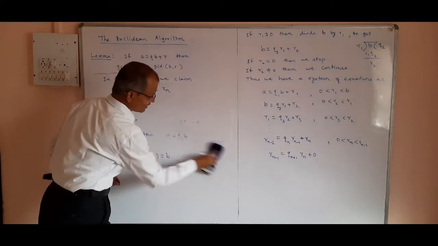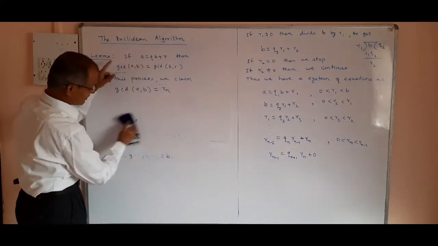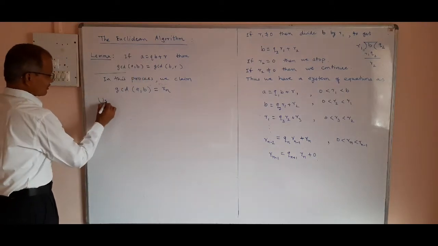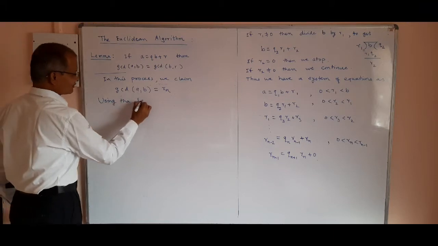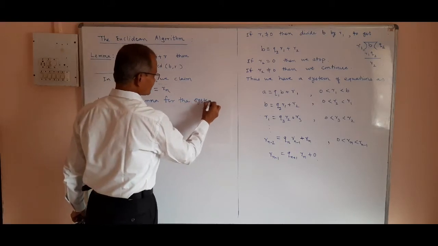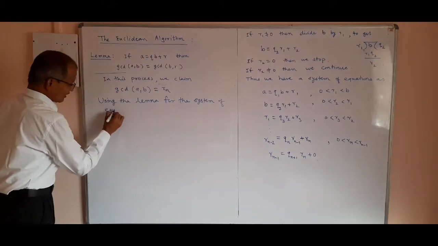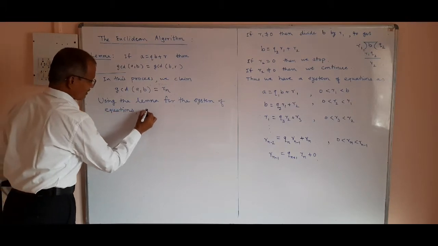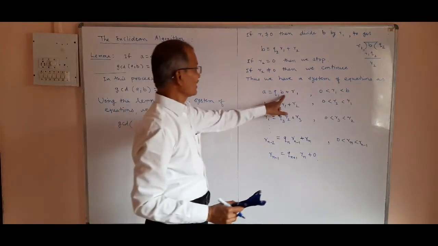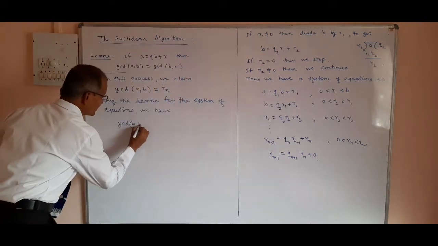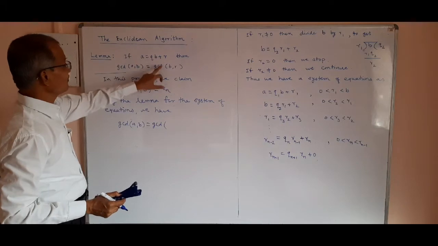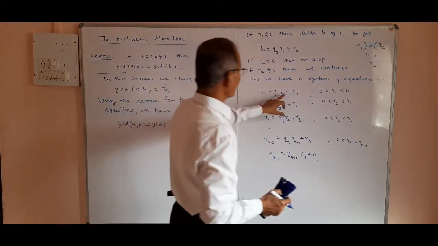Now how can this be done? We shall use the lemma for the system of equations. Using the lemma, for the first equation we see GCD of A, B is the same as GCD of B, R, and here it is GCD of B, R1.